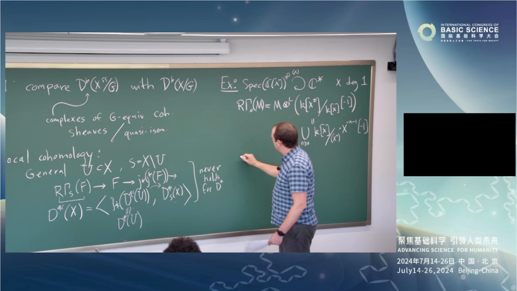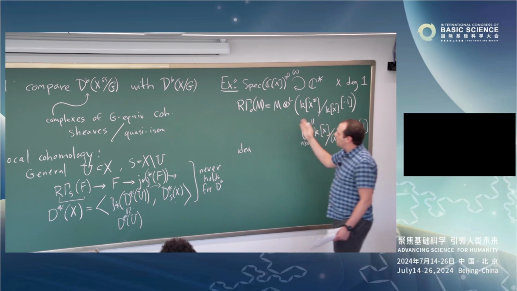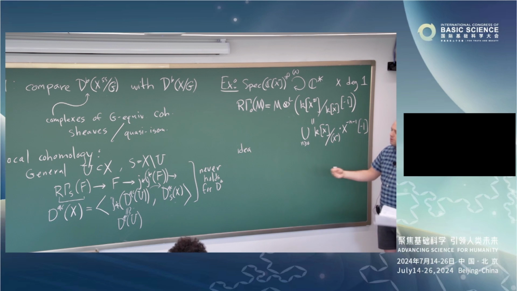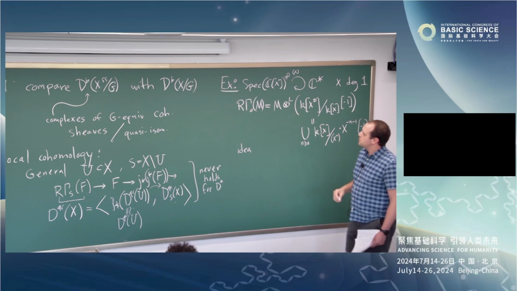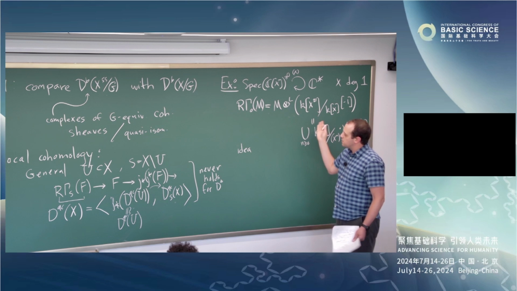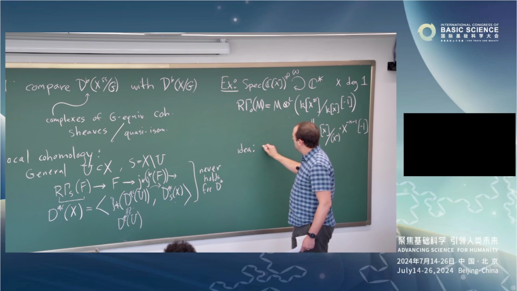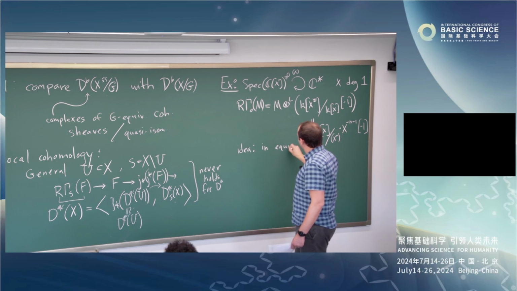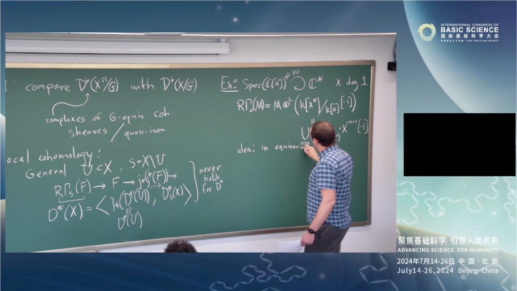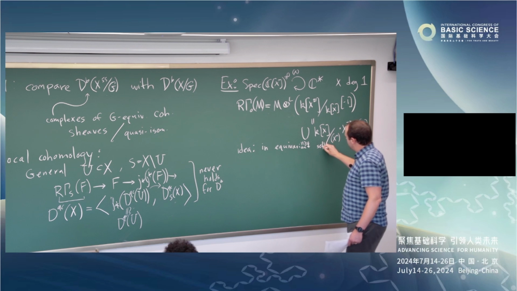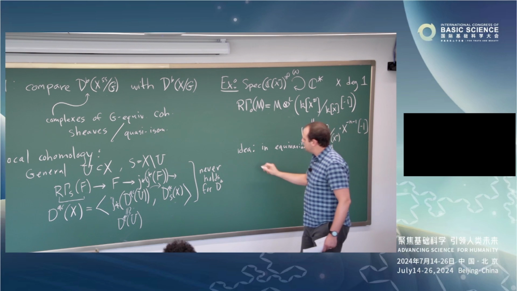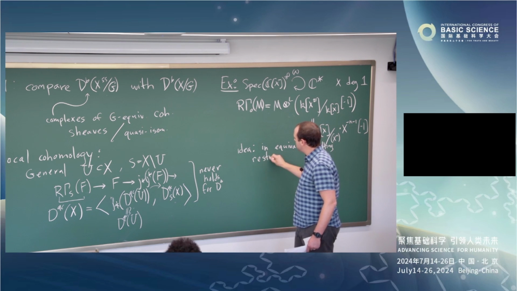So then the idea here, this formula holds if you're working with equivariant sheaves, which would be graded modules over the polynomial ring, or it works with non-equivariant sheaves. But the idea is in the equivariant setting, there's a restricted local cohomology functor.